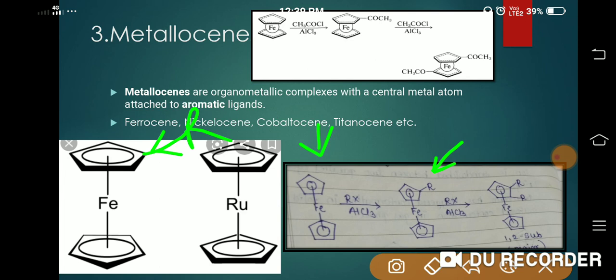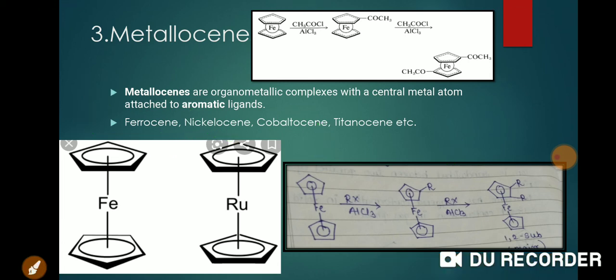So, the second electrophilic attack will occur on the same Cp ring. Hence, we are getting a 1,2 disubstituted ferrocene molecule.